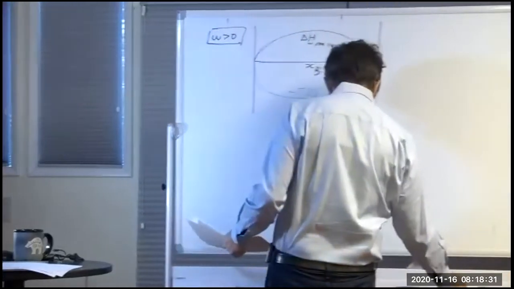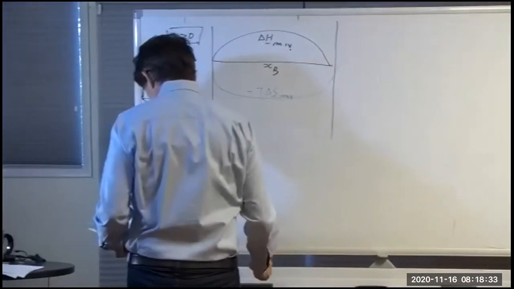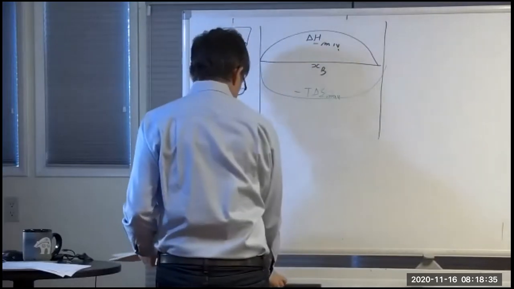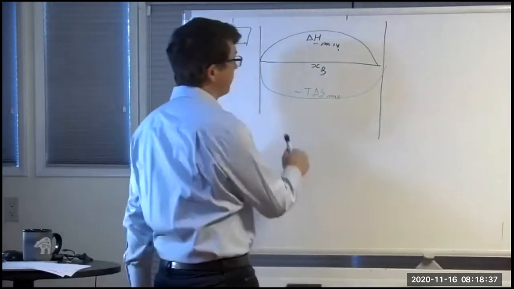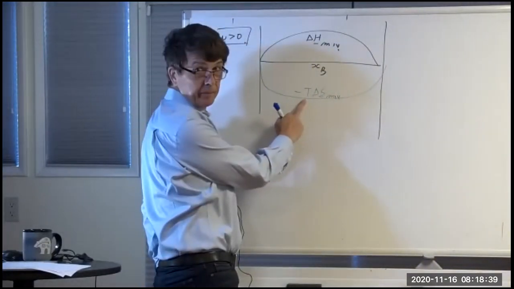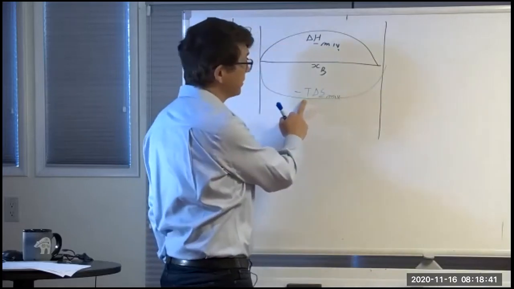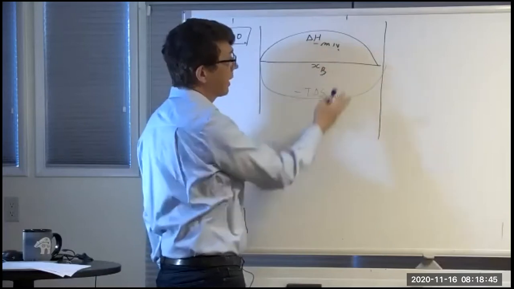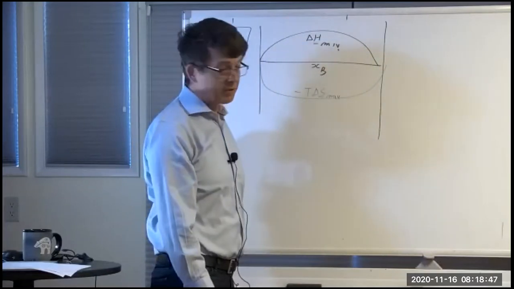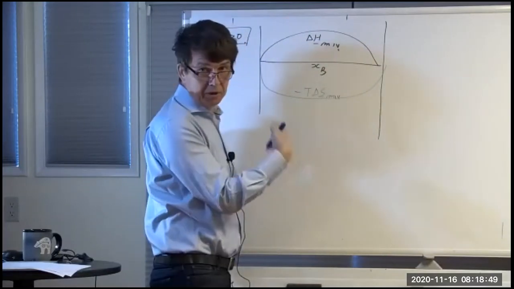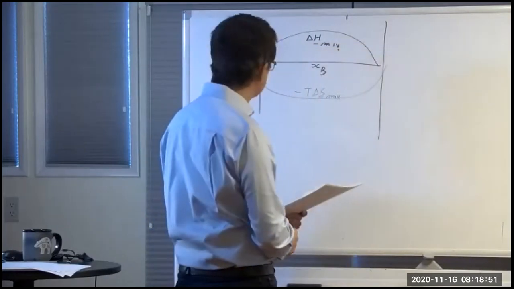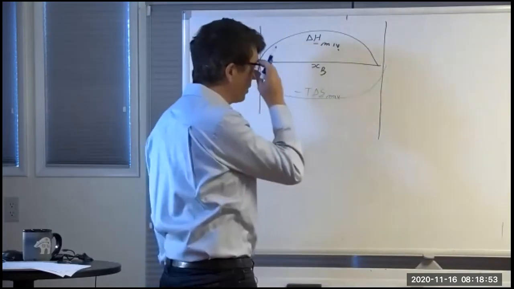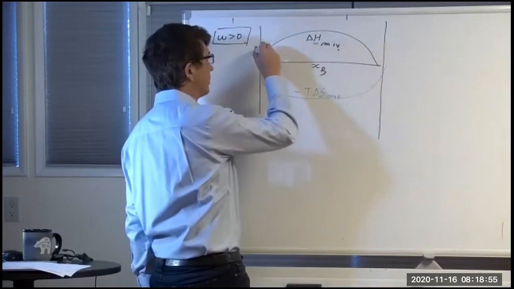I apologize for my drawing here. And now what actually happens depends on the magnitude of T. You can already see if T is very small, then your free energy will look mostly like delta H of mixing. If your T is very large, then it will look like minus T delta S of mixing. But in between, it has interesting behavior, and that has to do with the slopes.